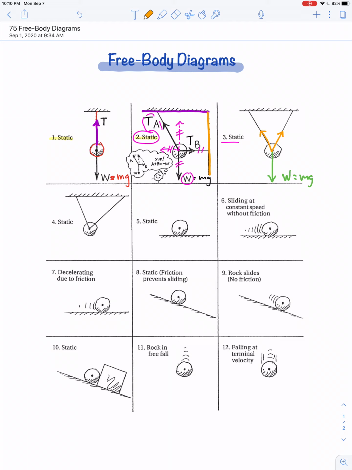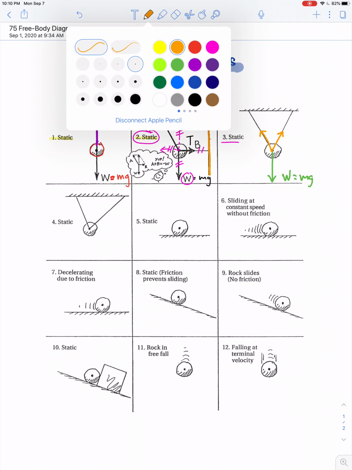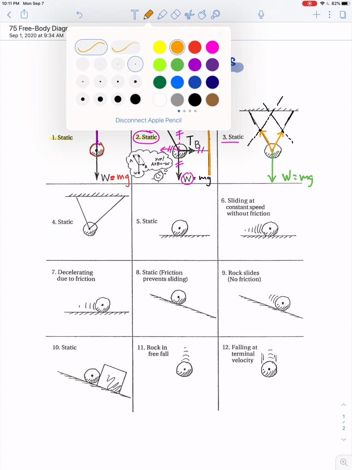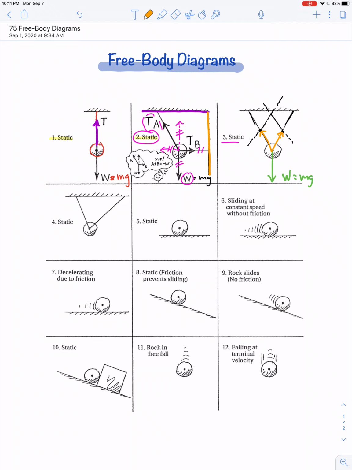Now, exactly how long should we draw these? Well, we can use that parallelogram method. So if we make a line through the tip of this vector that runs parallel to the other string, and we make a line through the tip of this vector parallel to the other string, then we can reproduce the vector I just crossed out.